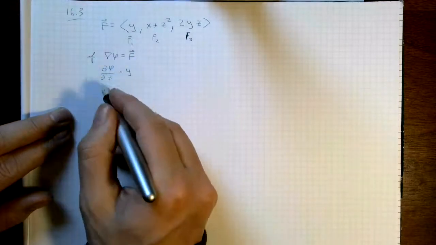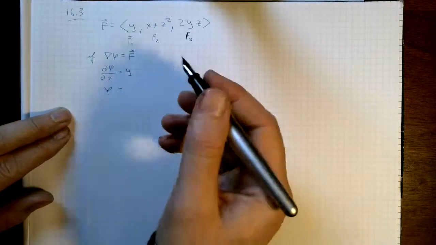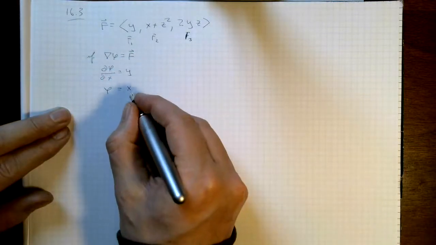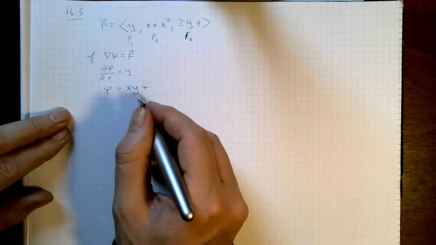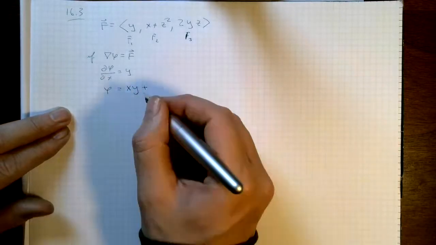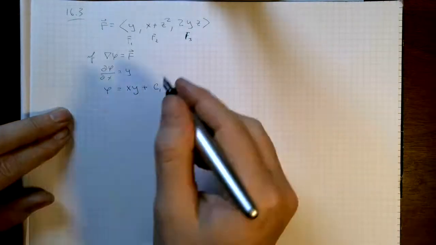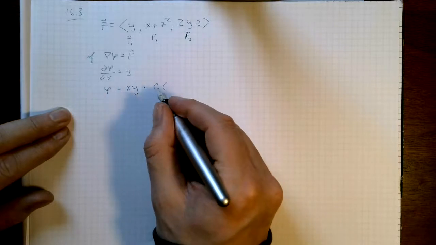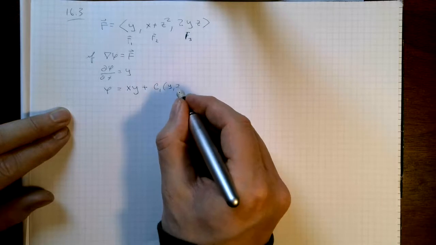Well, then phi should be anti-differentiated in x, so it's xy plus something in terms of y and z. Let's call it c1 of y and z.